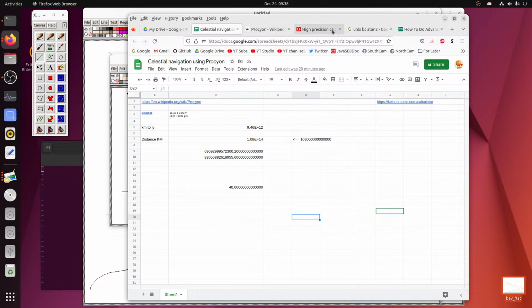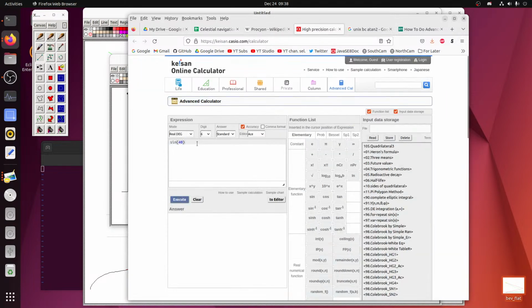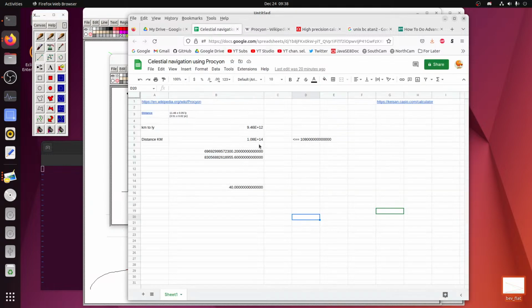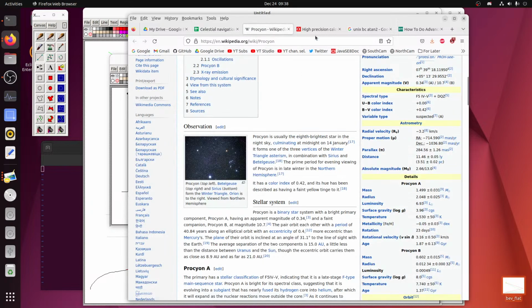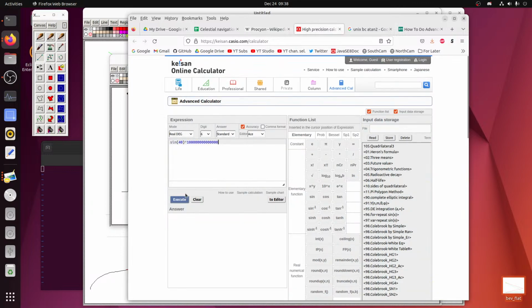That being the case, sine 40 times that distance is going to be... how many decimals do I want?